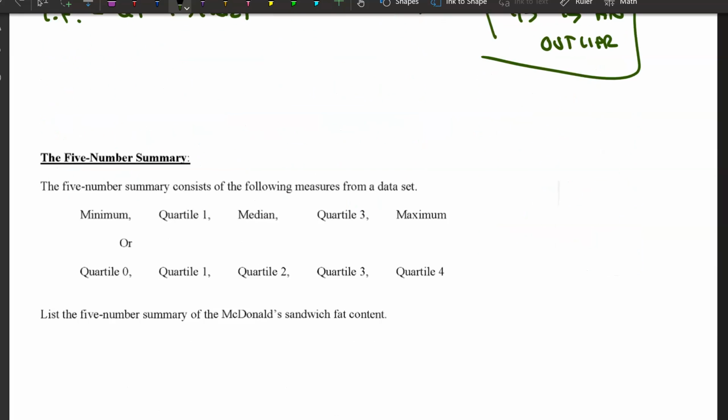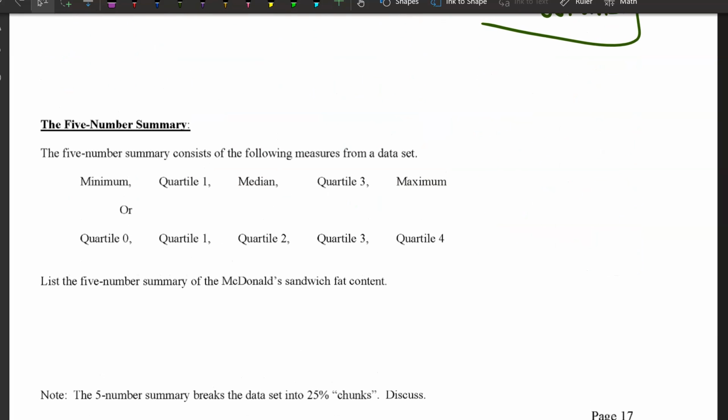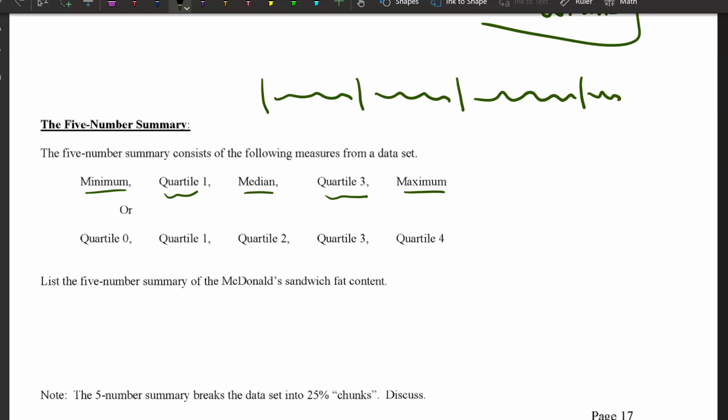The 5-number summary. The 5-number summary consists of the following measures from a data set: the minimum, the median, the maximum, Q1, and Q3. I don't know if you recall or not, but those are basically the cutoffs that divide the data set into 25% sections.